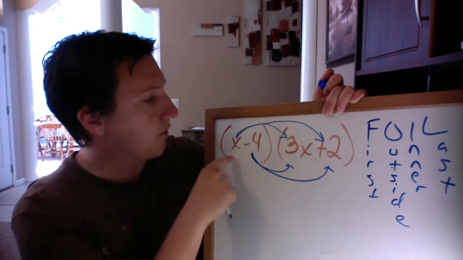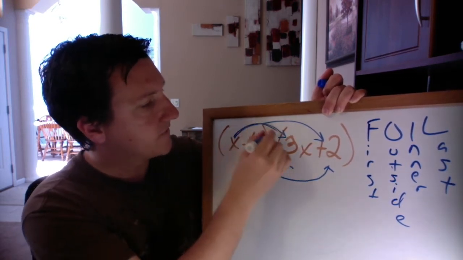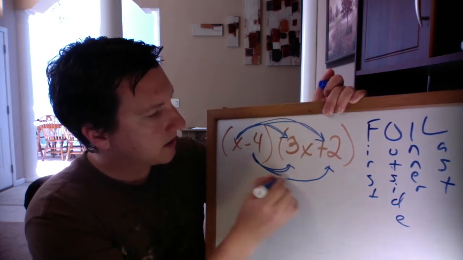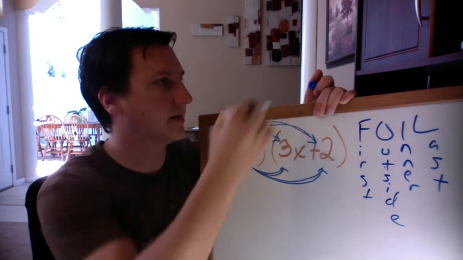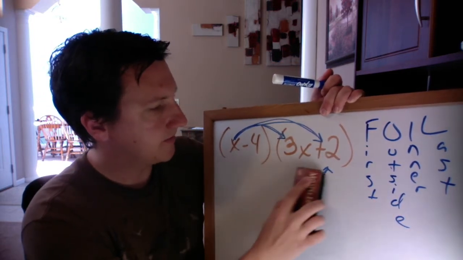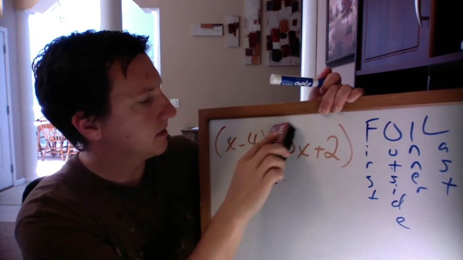So first, outer, inner, last. First, outer, inner, last. That's kind of what that looks like. Let me get rid of that and show you what that looks like practically speaking.